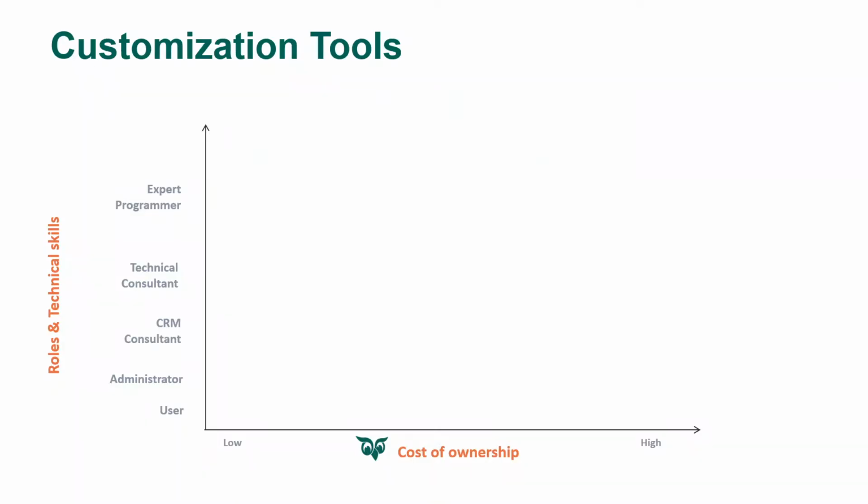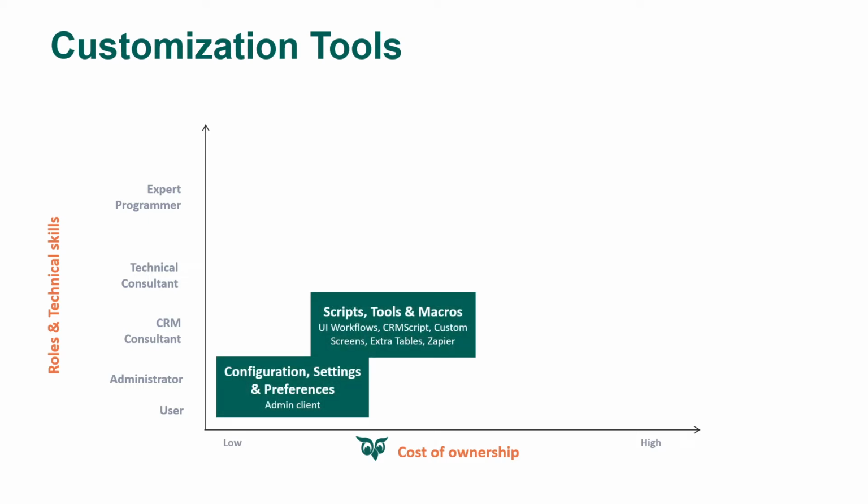And when we're talking about customizations, we have different sets of tools and types of customizations. On the first level, we can make changes with configuration, settings, and preferences. This is done in the admin client inside the solution and is available to everyone using SuperOffice, as long as you have admin rights.